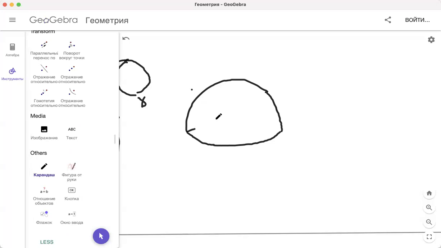You can take a hemisphere, and this circle will be.